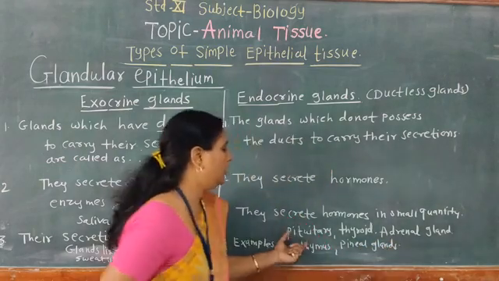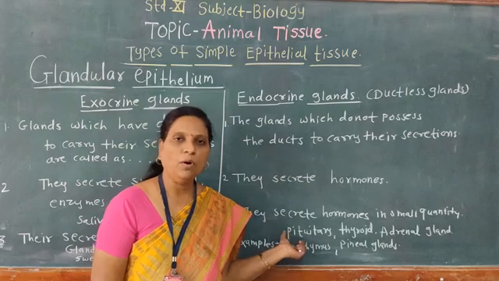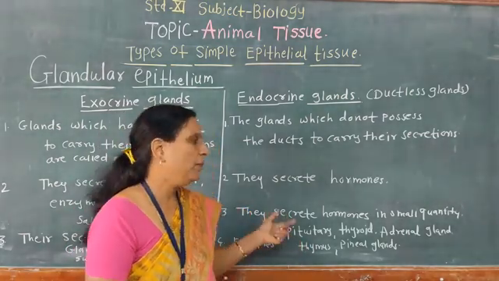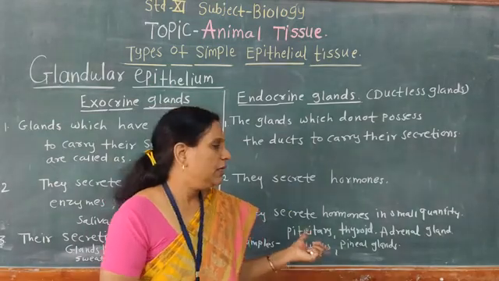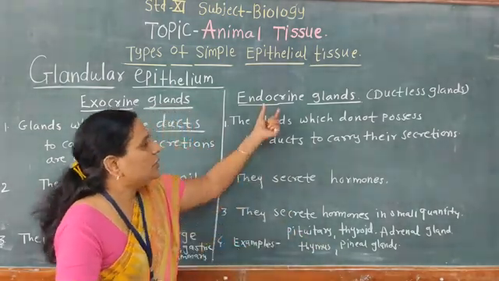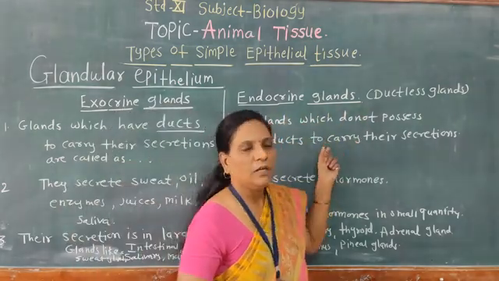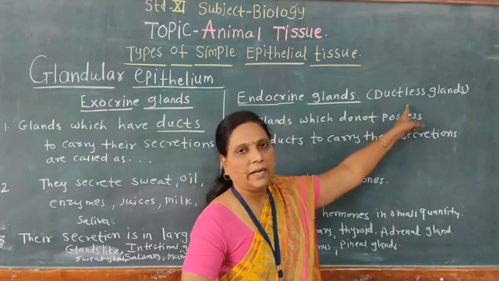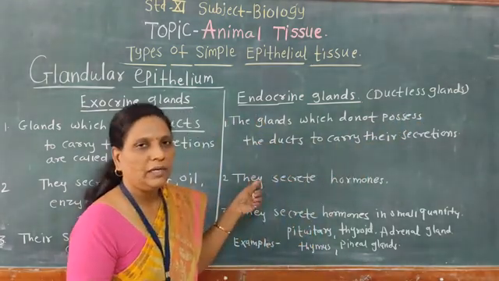These glands secrete the hormones, which are directly poured into the blood, and from blood they are transported towards the target organs. Such glands which do not possess ducts to carry their secretions are also called ductless glands. They are called endocrine glands.